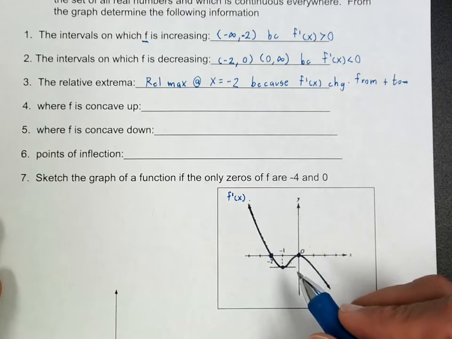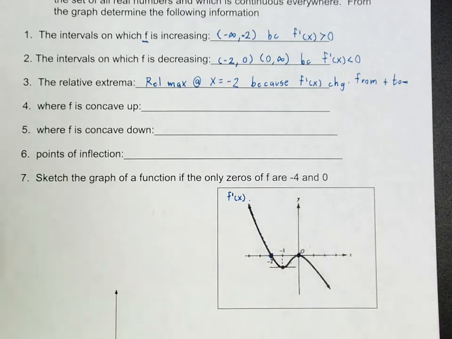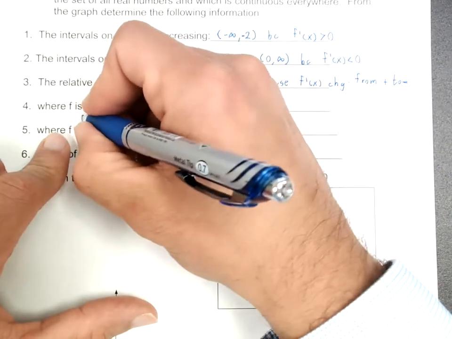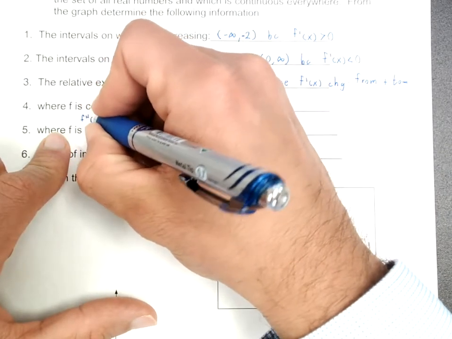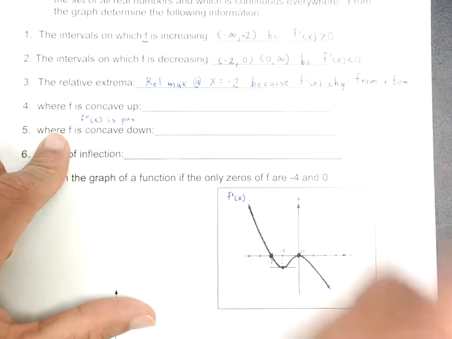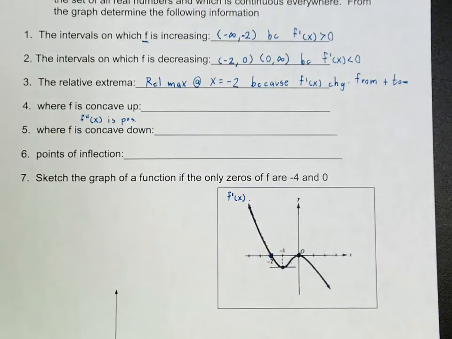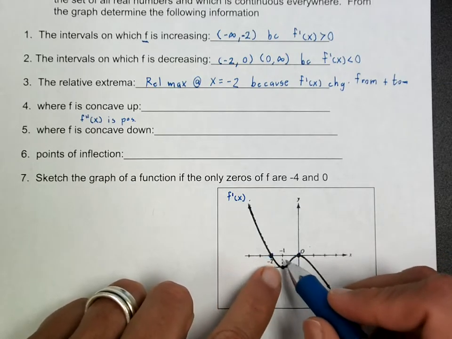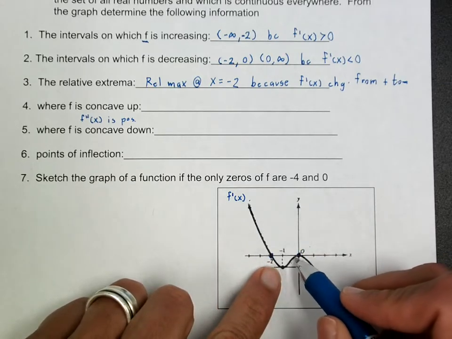All right. Now, question number 4 is asking us where is function f concave up. So remember, if the second derivative is positive, then that's going to be concave up. Well, the second derivative is going to be positive anywhere where the graph of the derivative is increasing, right?